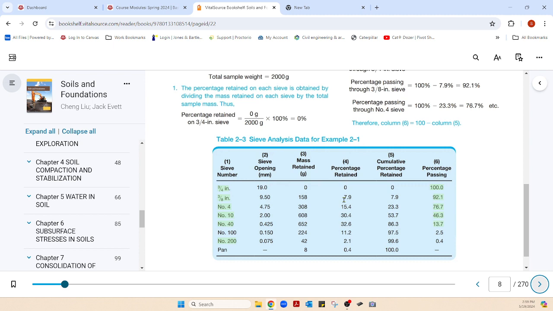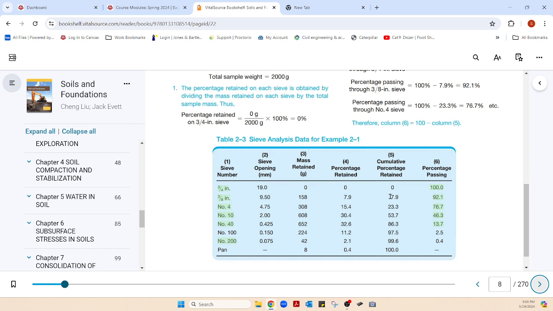So to get this percent retained, we take 158 divided by 2,000. You can do that in your head, I'm sure. Multiply that times 100, and you'll come up with 7.9%.